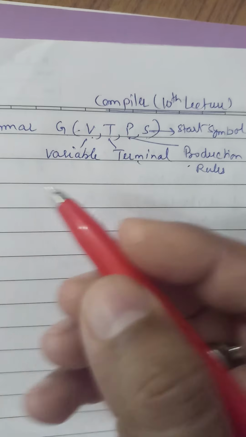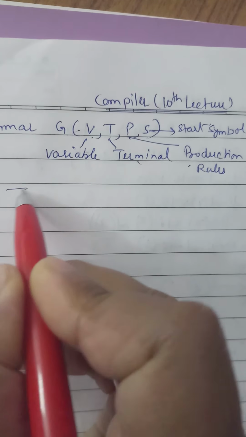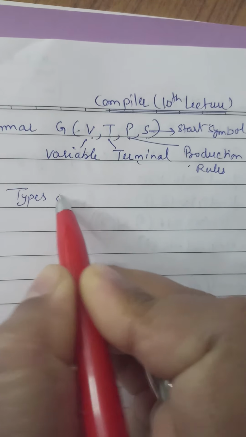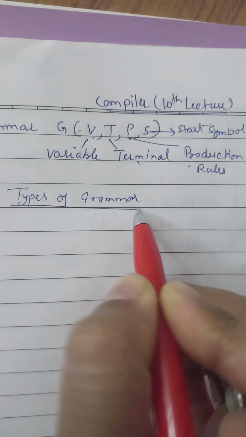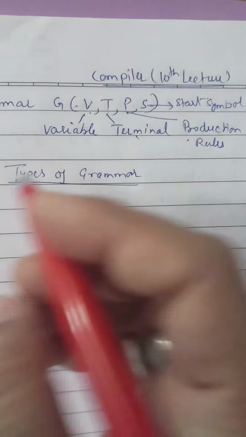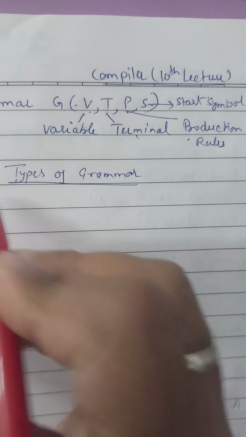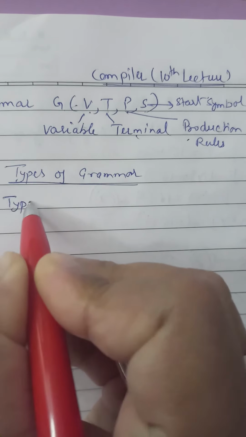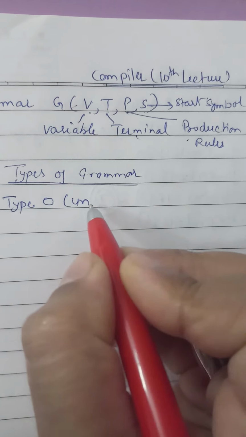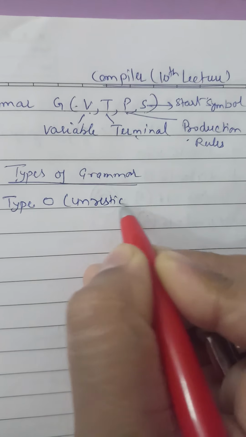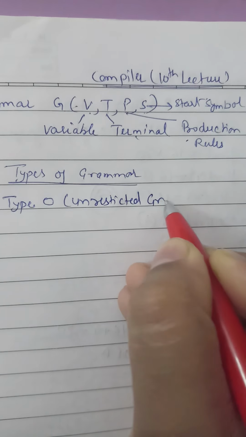So let's understand the types of grammar. Type 0, which we can say unrestricted grammar.